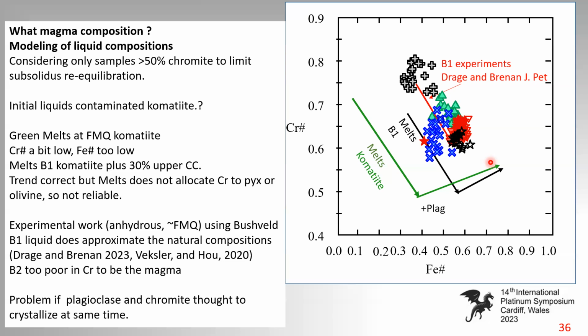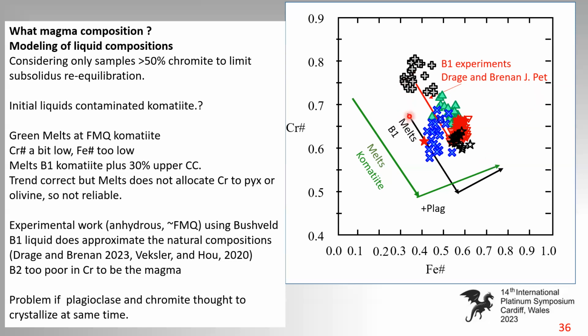At least half of your chrome is going into the orthopyroxene, and MELTS does not put any in the orthopyroxene. So you have to take that into account, because your chrome is going down twice as fast as you think it is. So you have to do something about that.